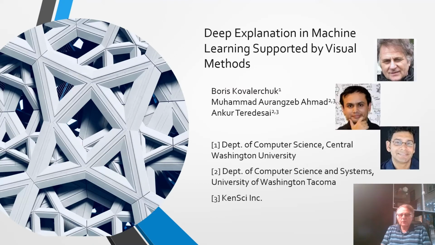A few words about ourselves. Like I mentioned before, all of us work in universities in Washington State, myself at Central Washington University, Mohammad and Ankur at the University of Washington, and they also work for industry developing AI tools for medicine, where explainability is obviously a critical issue.